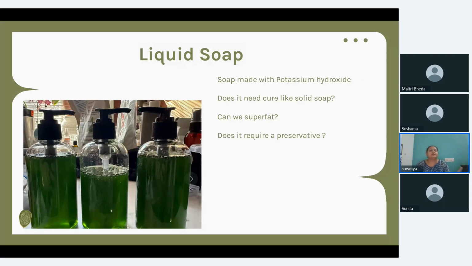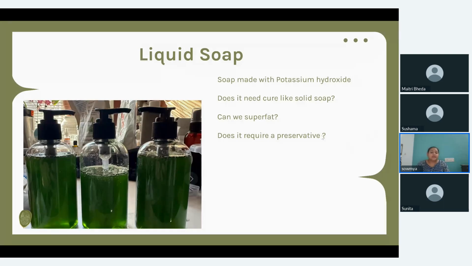Otherwise, if the potassium hydroxide does not neutralize the oils, then the soap paste or the liquid that you get after making your soap will be very, very cloudy. You will not get a clear solution. So that is why we don't superfat our liquid soap.